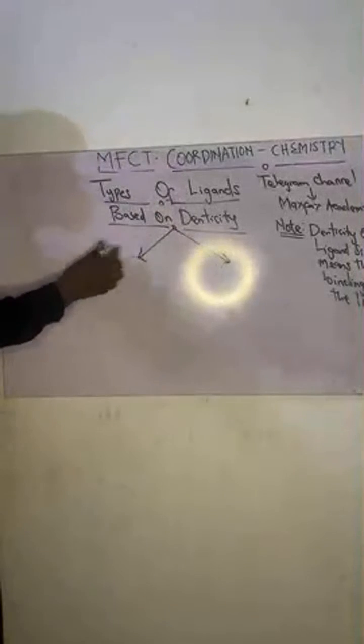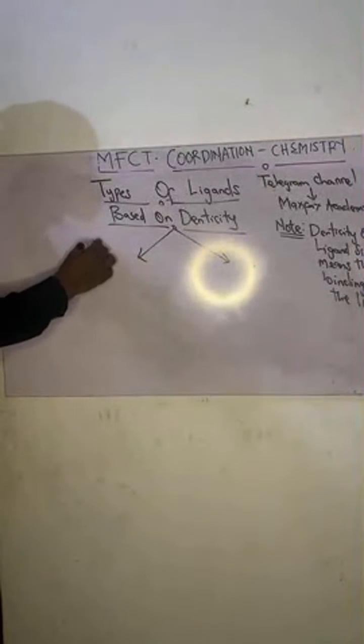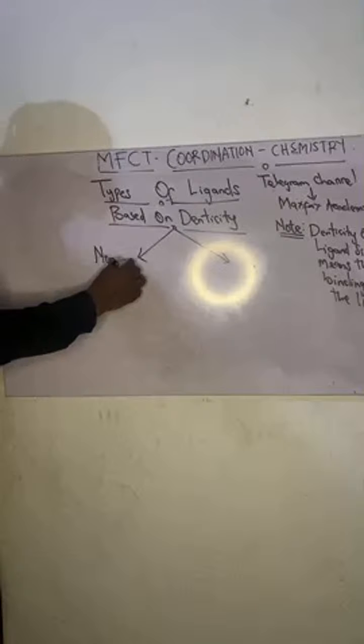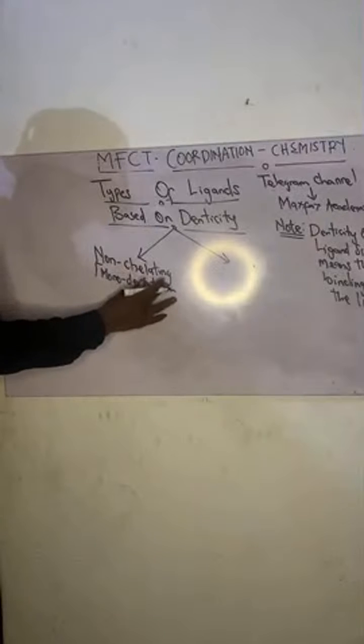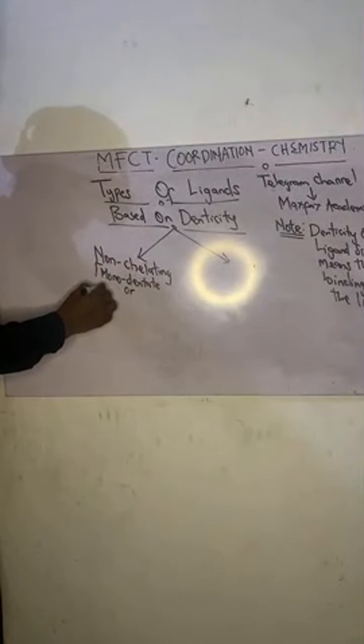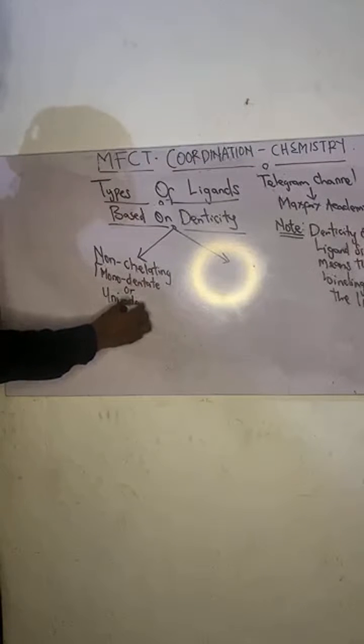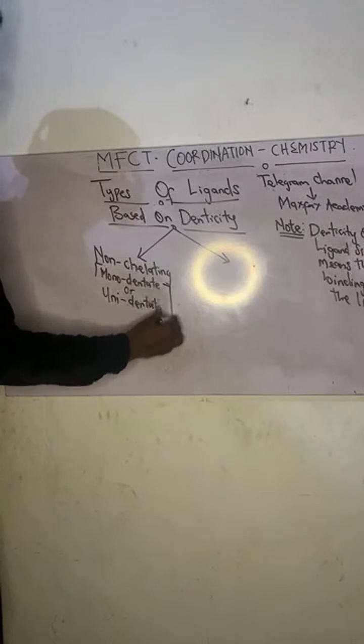So based on the binding sites of a ligand, ligands can be subclassified into two. The first one is non-chelating, or we call it monodentate or unidentate. The next one is chelating ligand.